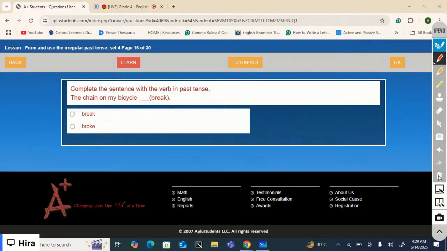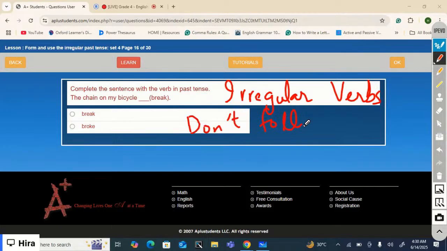Now we have some irregular verbs, the ones which we are practicing right now. Irregular verbs don't follow any rule. It means every irregular verb has a different past tense form.